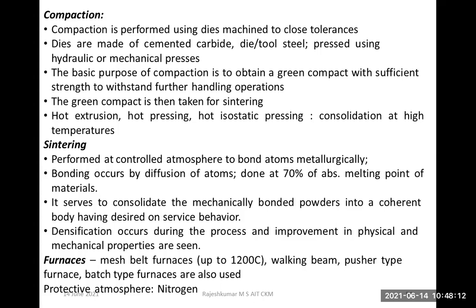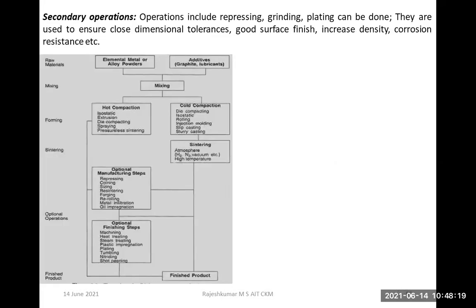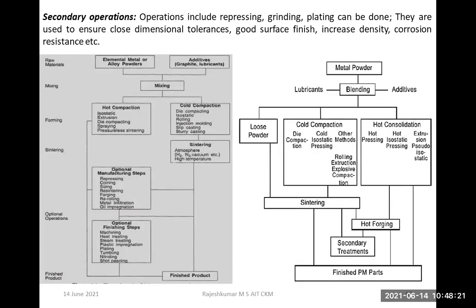The next consideration after sintering is the secondary operations. The secondary operations include repressing, grinding, and plating. They are used to ensure close dimensional tolerances, good finish, increased density, and corrosion resistance.